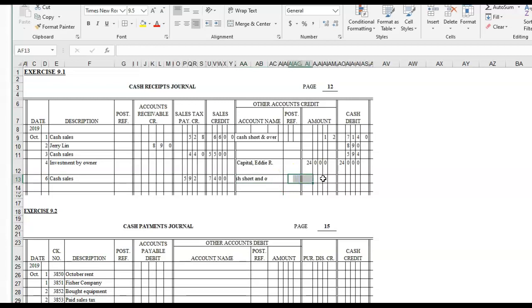And the cash short and over amount is $20, except, okay, the $12 was over. This one is short. So if it's negative in the money, you want to put the quotes around it so you know it's in the negative. Like that.